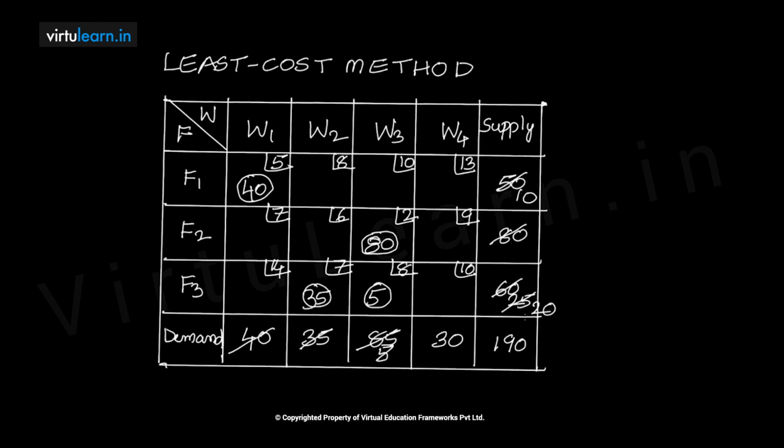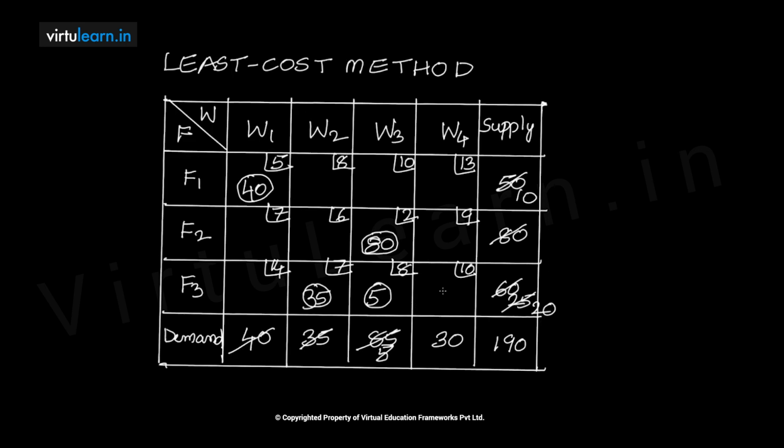Now W1 is satisfied, W2 is satisfied, W3 is satisfied. Only W4 has to be satisfied. We can make allocation in only two cells, because W1, W2, W3 are exhausted. These are F1 W4 and F3 W4.